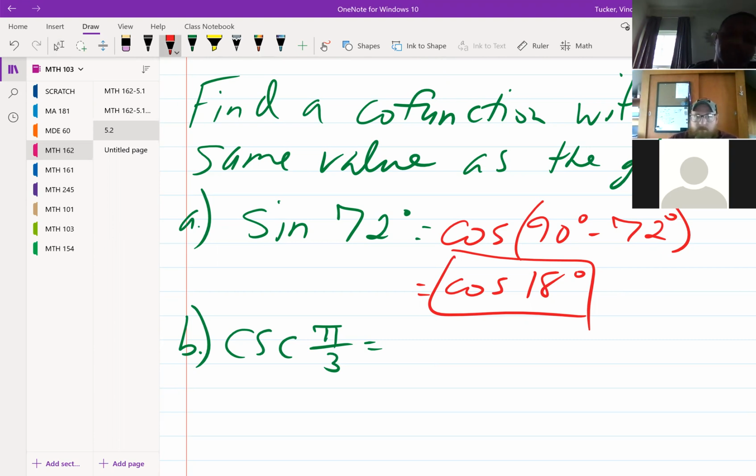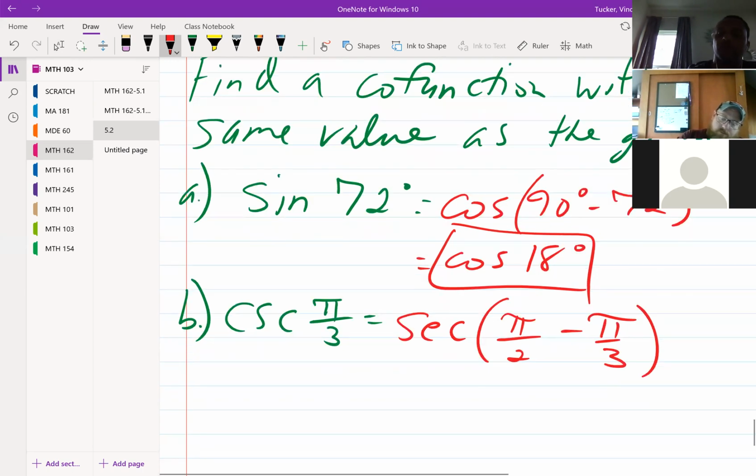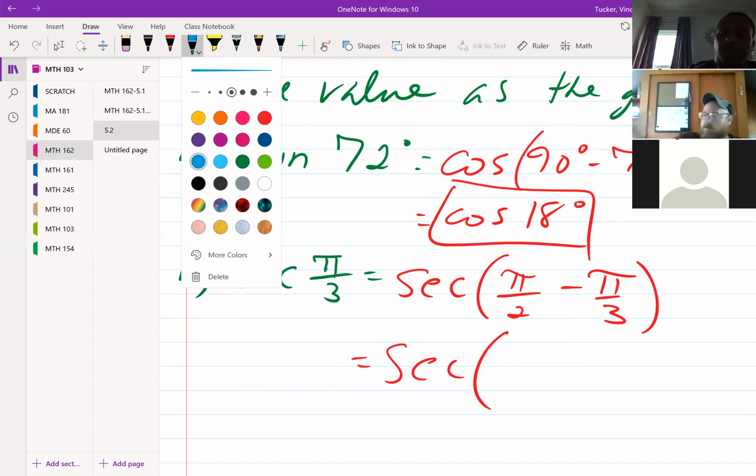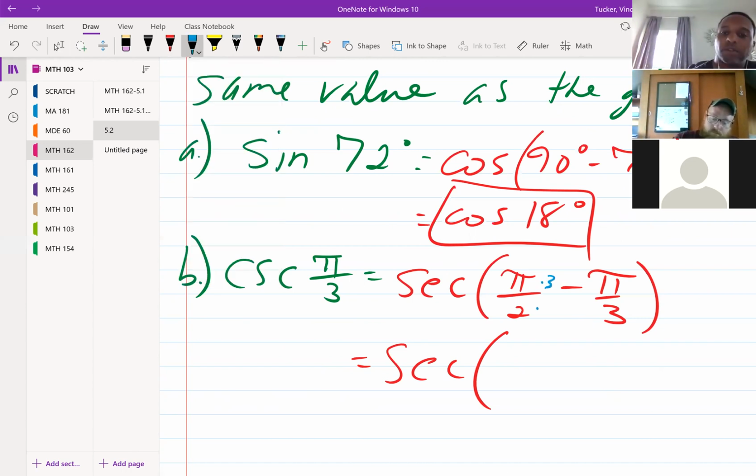Then the next one, we have cosecant of pi over 3. So we'll do secant of pi over 2 minus pi over 3. You're going to have to find a common denominator, which is 6. Multiply top and bottom by 3, and by 2.